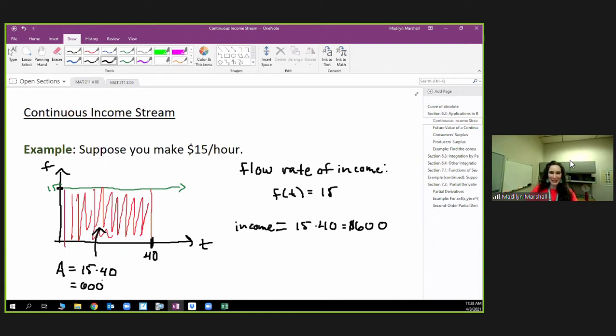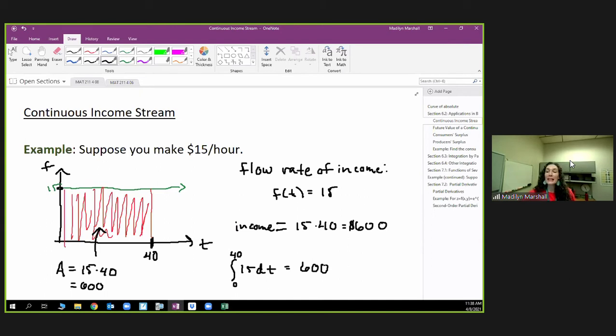So we can do that without calculus, although we might notice that the area under that curve at 15 is the integral, that should be a dt, from 0 to 40, because that's the x, or the t in this case, that we're integrating over. And we can get that without actually doing the integration since it's just a rectangle.